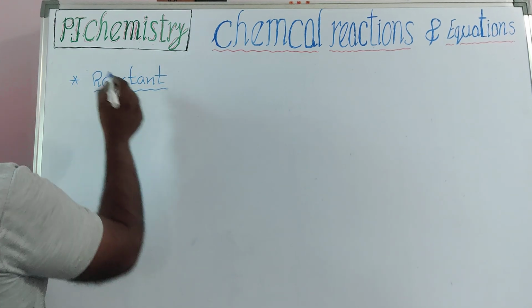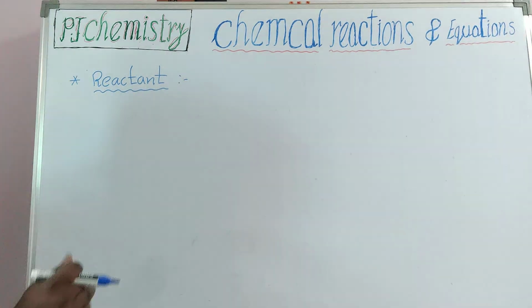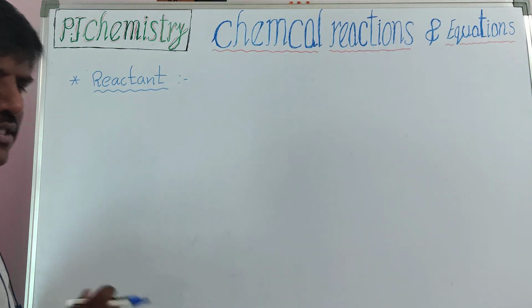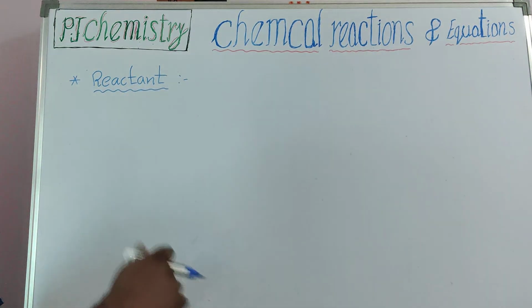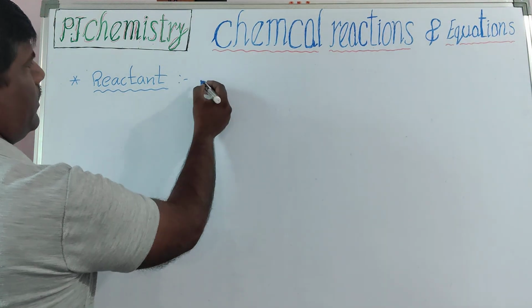What is meant by reactant? Reactant means the substance which undergoes chemical change. The substances that undergo chemical change are called reactants.